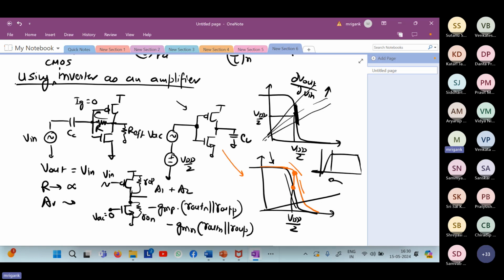From the bandwidth point of view, a higher R is giving you basically a broader bandwidth. If your R is very high, the R effective, you can ignore it as compared to the ROP of the PMOS and RON of the NMOS, and therefore it will be the worst case bandwidth.